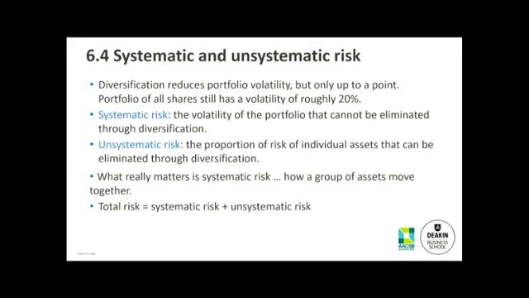But within total risk, there are two categories. The first one is named systematic risk. Systematic risk means the volatility of the portfolio that cannot be eliminated. It is the business risk, because systematic risk happens on the business. The second one is called unsystematic risk, bad risk.